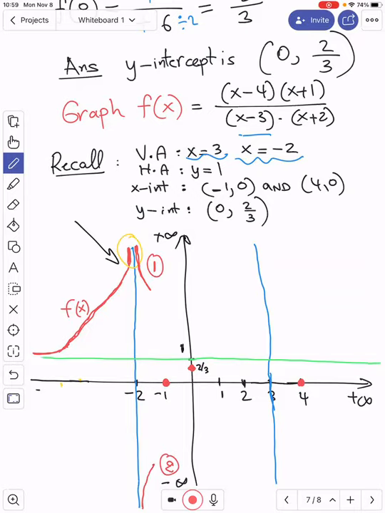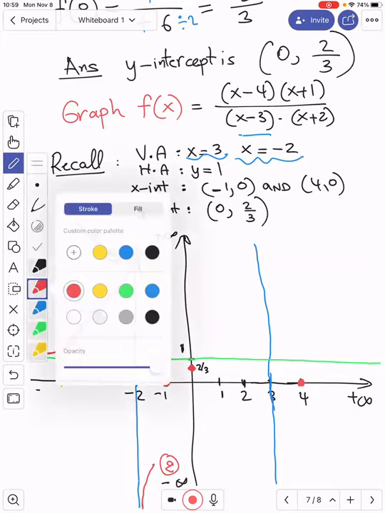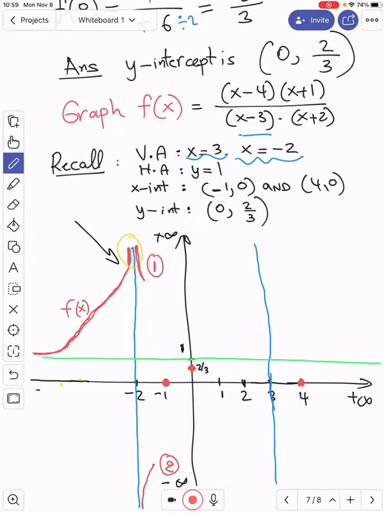Well, let's see what happens with the first. If you continue with the one at the top, then the next thing we have is this x-intercept at -1, right? So I'm supposed to go through this -1, and then I have to join the y-intercept, the 2/3, right?